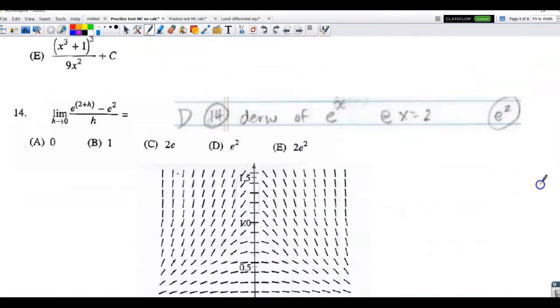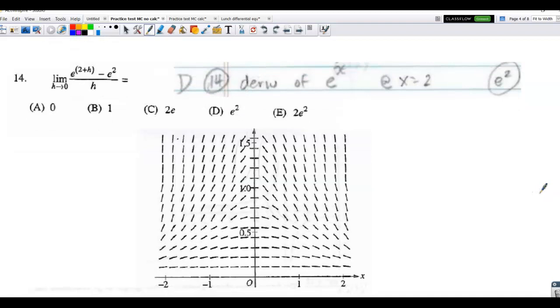Number 14, classic, classic, classic. It is the definition of derivative. So it is the limit as h approaches 0 of f of, and this is point specific, c plus h minus f of c over h.